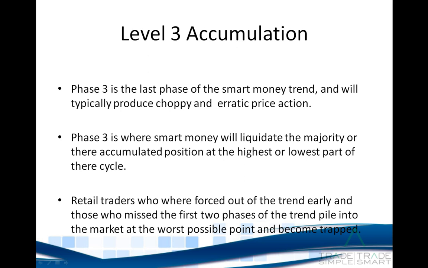So we saw this when we looked at the intraday cycle, that after the third leg, generally during the US session, the liquidation of the majority of the smart money position would take place, and this would cause the market to turn or go into sideways consolidation.